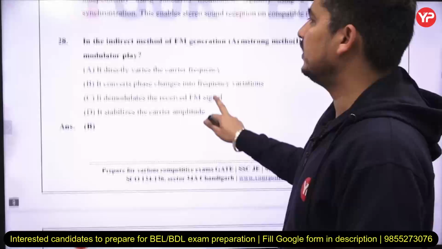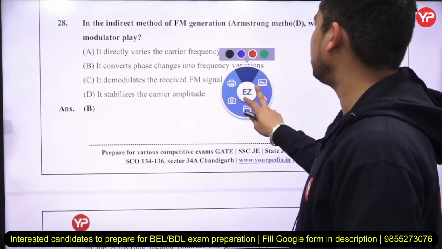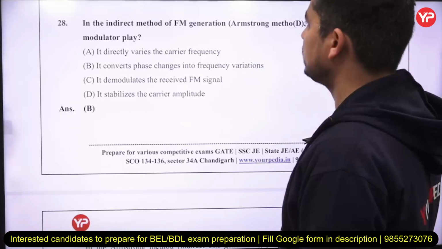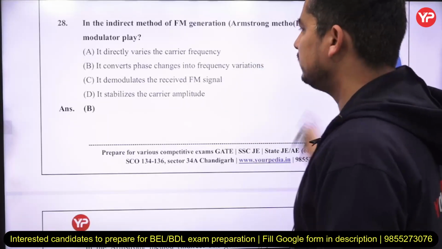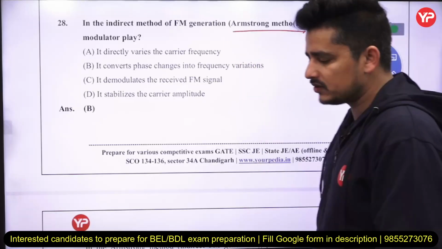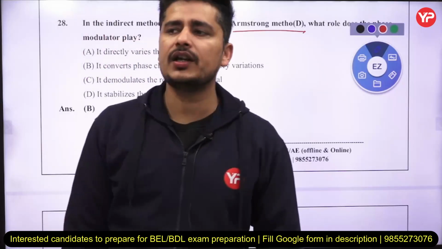Next, in the indirect FM generation method, that is called the Armstrong method, what role does the phase modulator play? The Armstrong method is an indirect method to generate an FM signal.